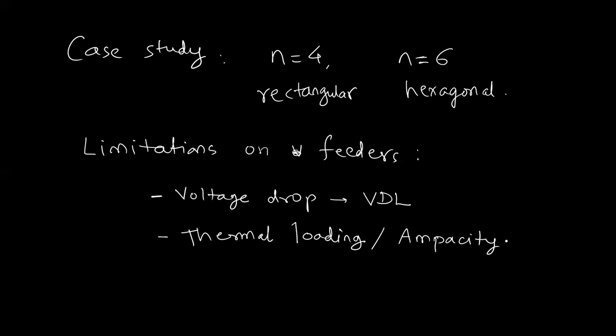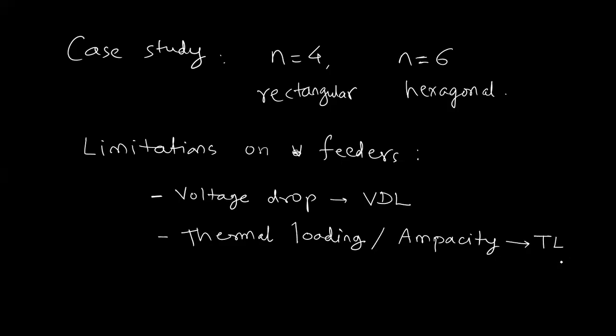In the second case, the thermally limited feeder, known in short as TL feeder, we cannot increase the loading on that particular feeder because its current rating is getting exceeded. So every feeder, in principle, has both these limits. We cannot put additional load because the voltage drop will increase and the thermal loading will get exceeded. But which one is dominant? Depending upon that, we can classify the feeder as a VDL feeder or a TL feeder.